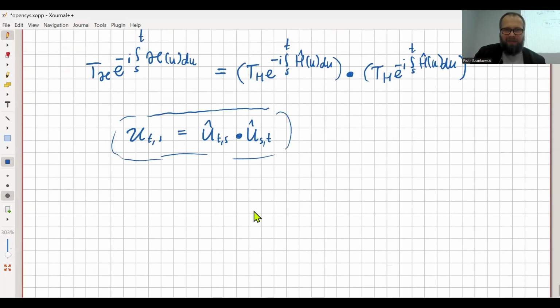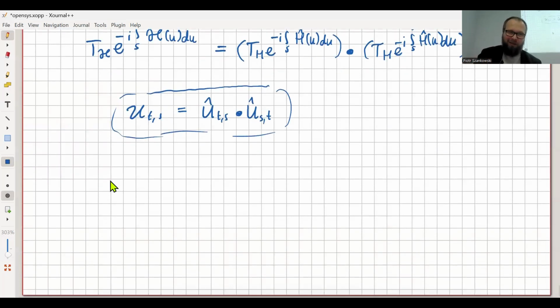So now, what are the properties of the calligraphic U? I'm calling it a unitary map, so there's probably a reason for this name. And it's so intimately connected to unitary evolution operators, so they must share some properties for sure, right? And they do.